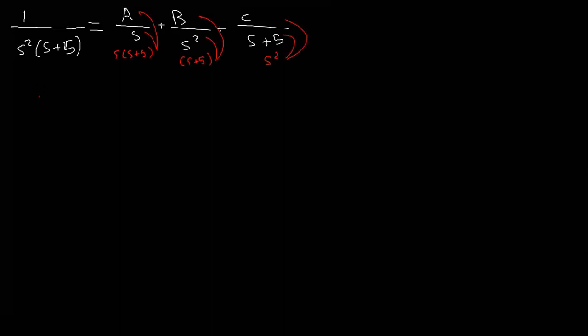So omit the common denominator, I have 1 equals A times S times S plus 5, plus B times S plus 5, plus C times S squared. Am I right here? What do you think?